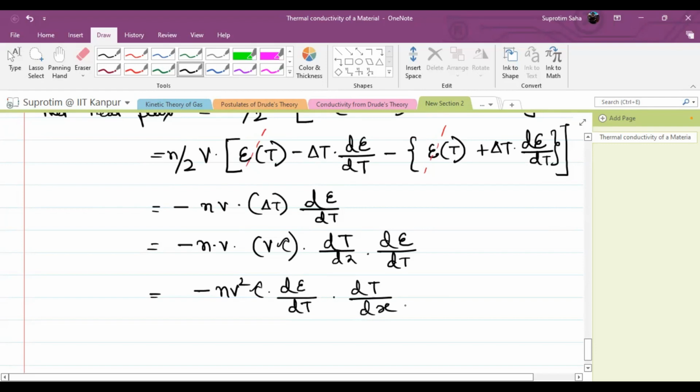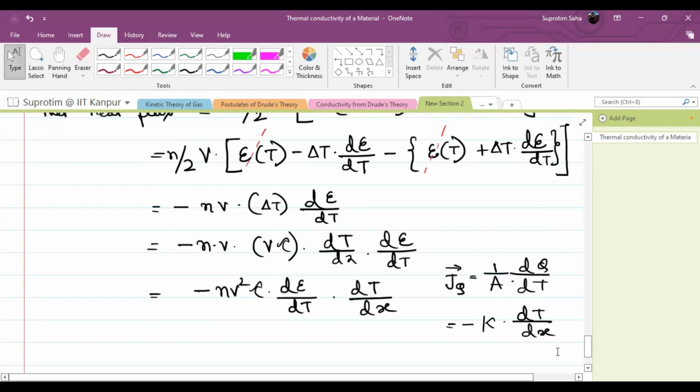As we said, and also wrote the formula, J_Q, which is the heat current, is 1 over A dQ/dt, which is also given by minus kappa times dT/dx.